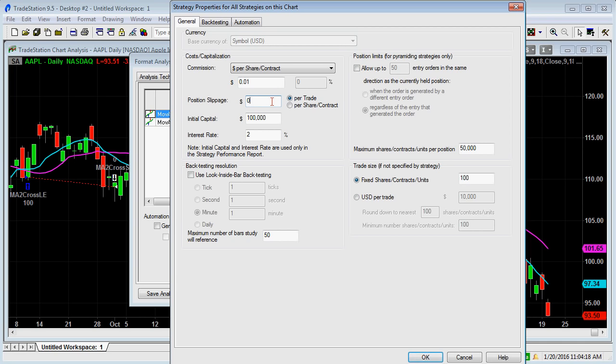Very rarely it goes in your favor. So position slippage is a cost on strategy trading because you are taking into account the fact that you may send a strategy order, but when it comes back, it's a different price. The price has changed. See, the strategy doesn't see that. The strategy is very precise. If you want a price and it sees that price on the chart, it assumes that you get filled at that price, when in reality, in the real market, the story could be totally different. Okay, so you can put in a slippage amount there.